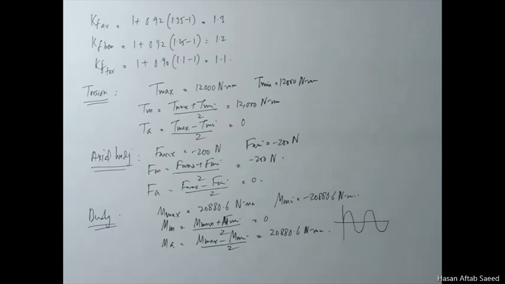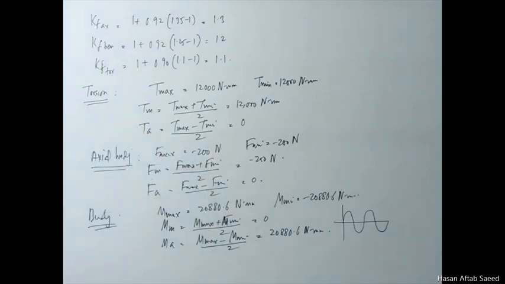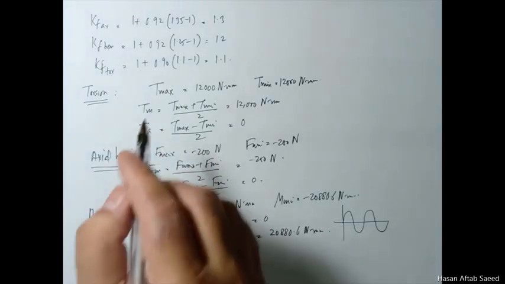So if we have these in place, then the rest is very simple. Now we have to apply these stress concentration factors and calculate all the values, the shear stress values as well as the normal stress values.